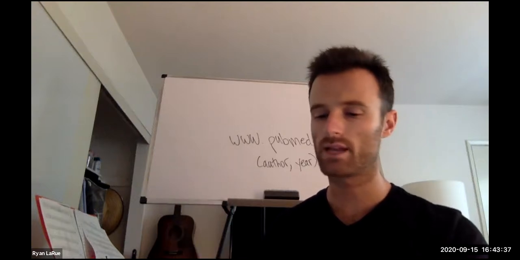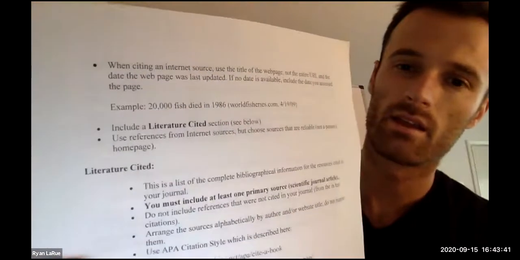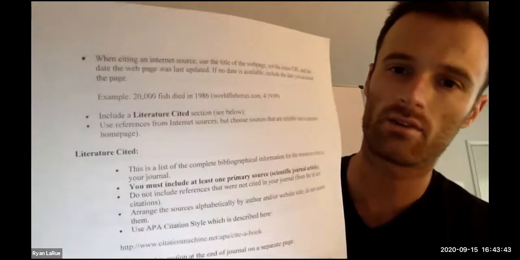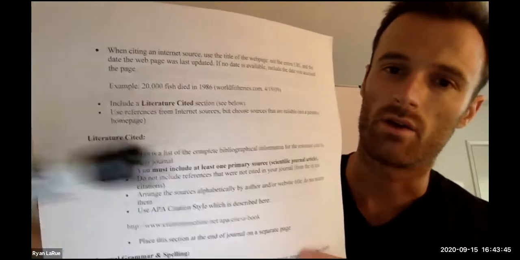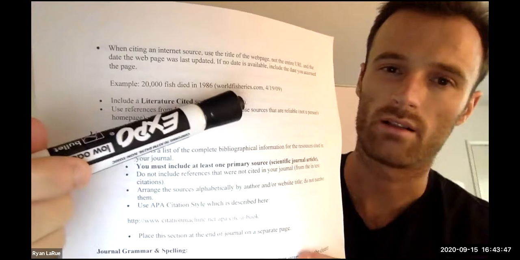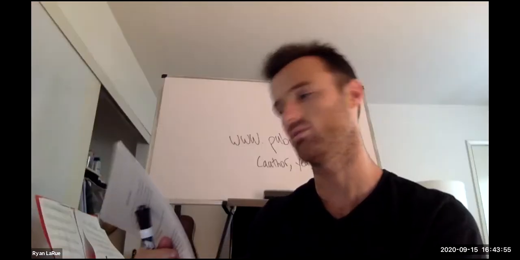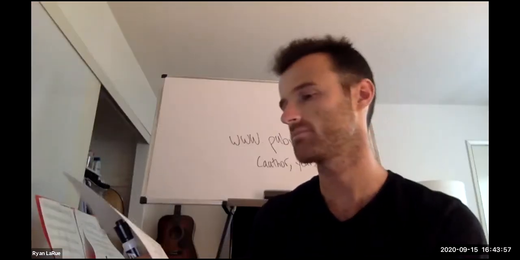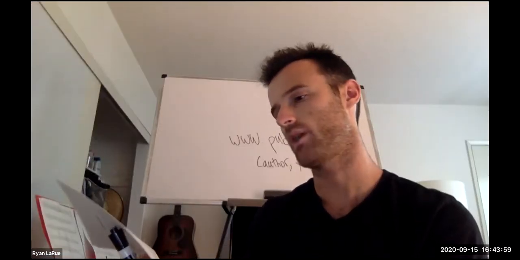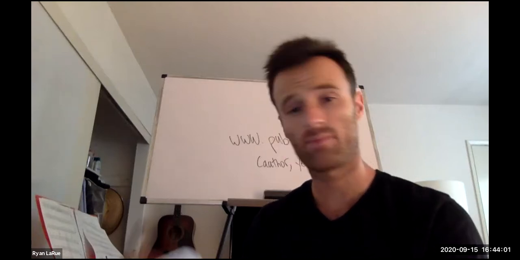But if it's a website, you do it like that. This is all in here, and I don't want to keep you guys too long. So it looks like that with the URL and the date that it was published, actually. Or if no date is available, you use the date you accessed it. Okay. You'll have a literature cited page at the end.